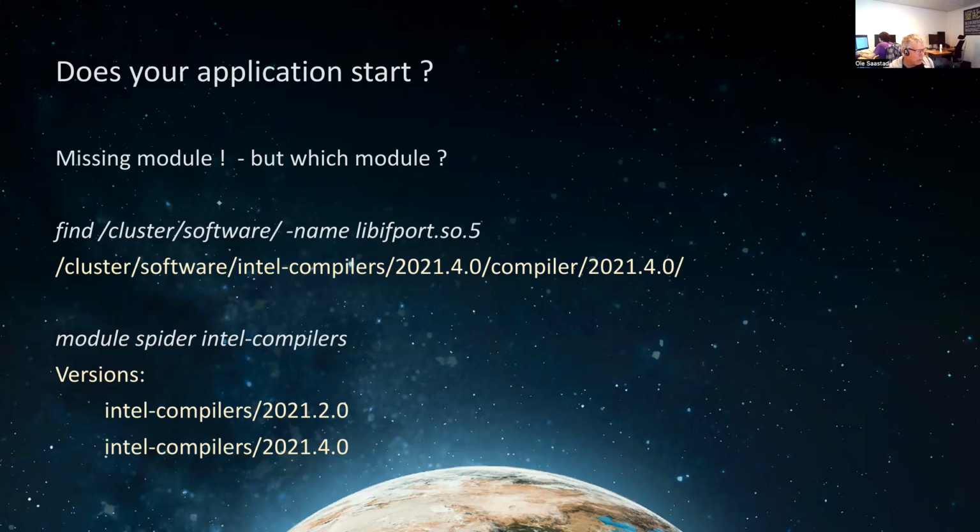You see there are two. There are two modules that contain this file. So you can pick one of those, and that should resolve the one I had with the libport for .5 shared object.